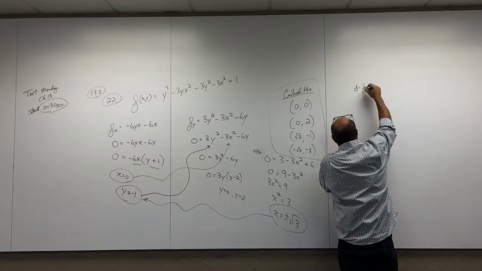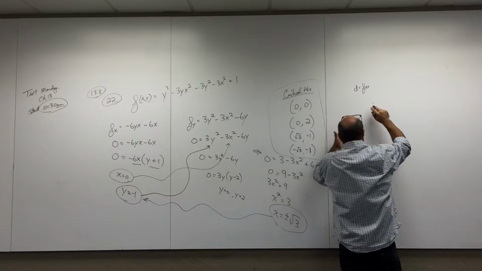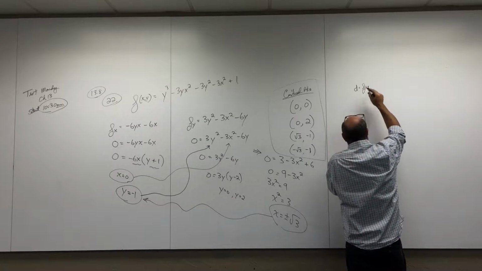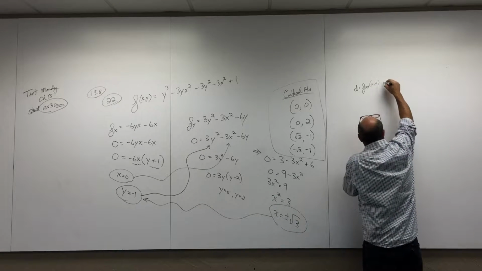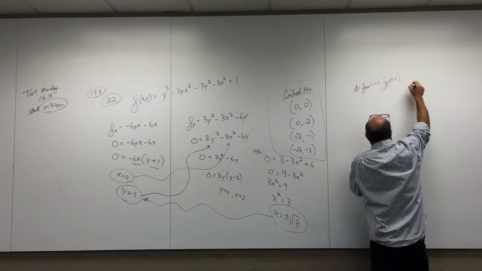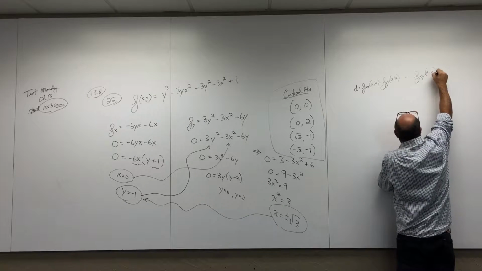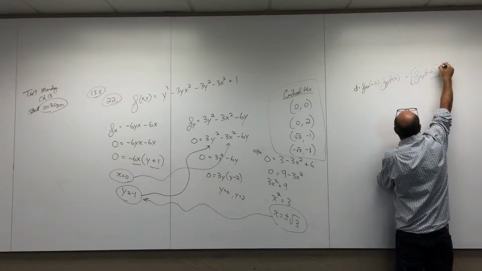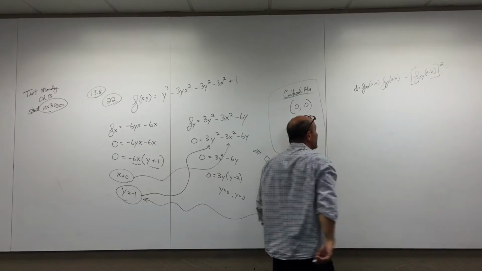Again, you don't memorize this, it's given to you, but d is fxx evaluated at the critical point times fyy evaluated at the critical point minus fxy evaluated at the critical point squared.